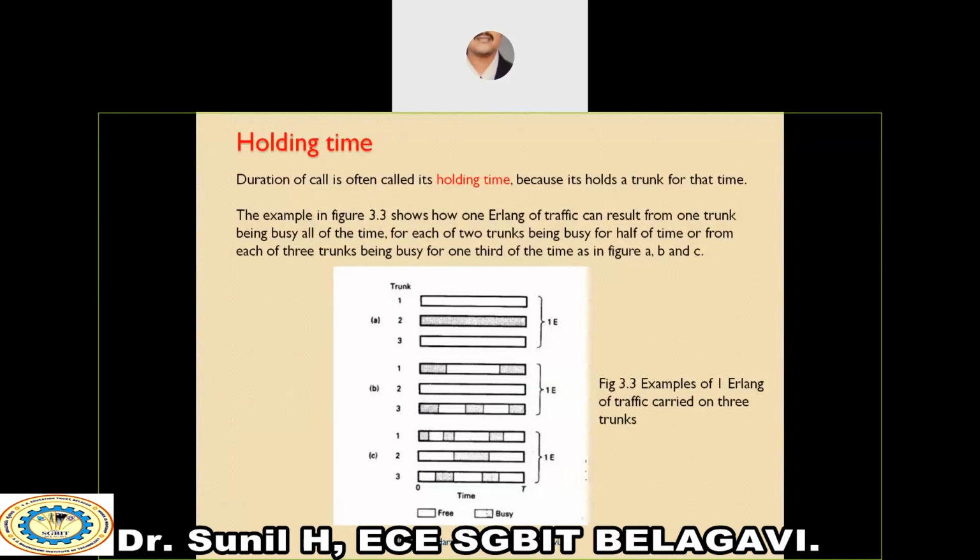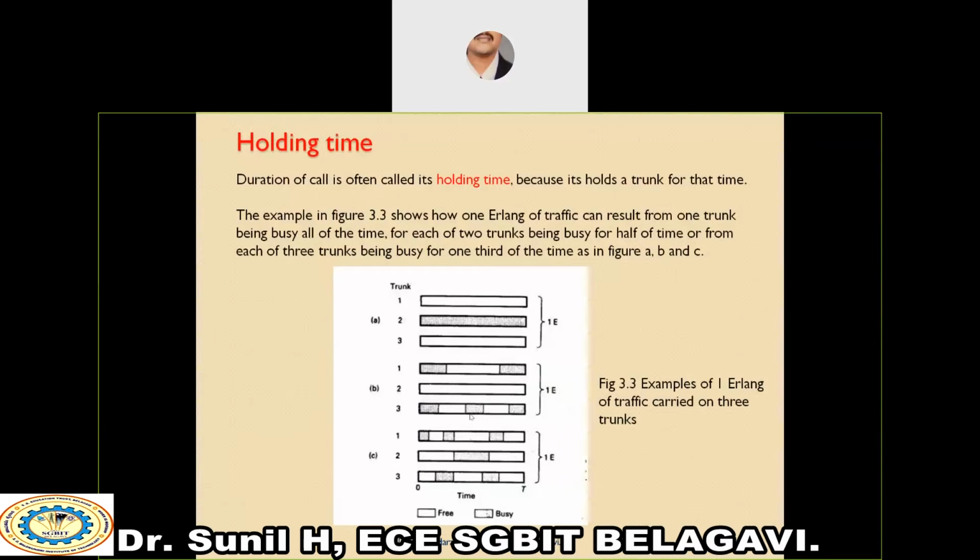The traffic is represented as 1 Erlang, that is 1 hour. In North America, traffic is expressed in terms of hundreds of call seconds per hour, represented as CCS.